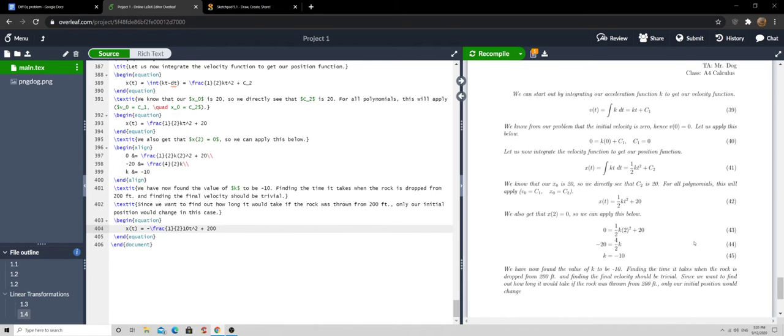And basically we want to find out how long it would take if the rock was thrown from 200 feet. Okay, so how do we reason through this?